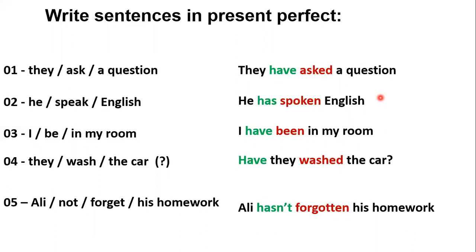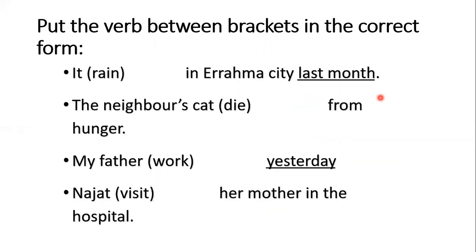Now, is it very clear? Is it clear or not yet? Again, I repeat, if it is not clear yet, go back to the beginning of the video, watch it again and pay more attention. Okay? Let's continue. This is another exercise. Put the verb or the verbs between brackets in the correct form.